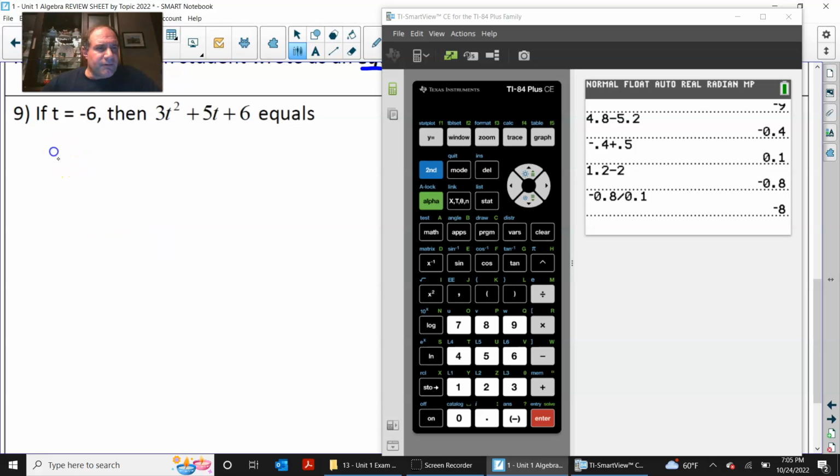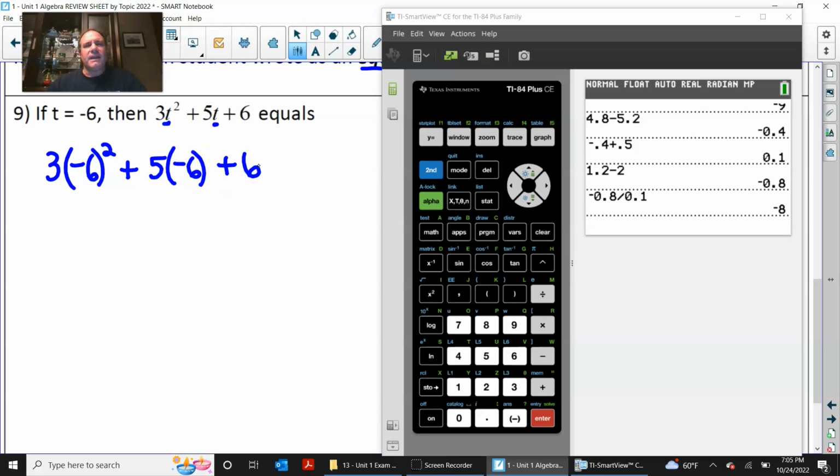So we're going to put 3 times -6 squared, plus 5 times (-6), and every time you substitute, you put it in parentheses, plus 6.